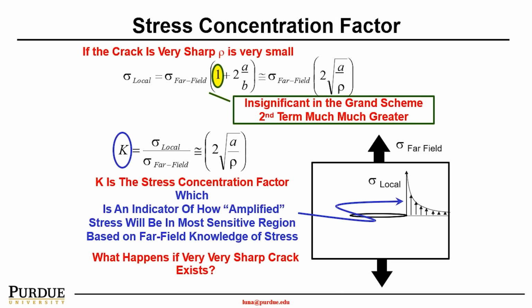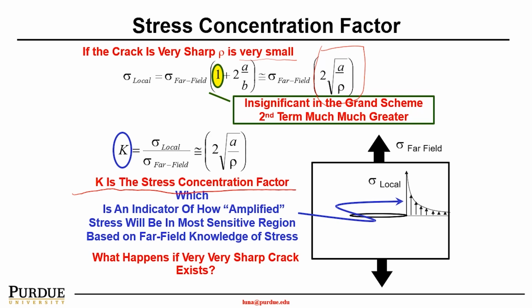If the crack is very, very sharp, then rho is very small, and in this case 1 is very insignificant compared to 2 square root of a over rho. So therefore sigma local over sigma far field is approximately 2 square root of a over rho. We call that the K factor. K is the stress concentration factor.